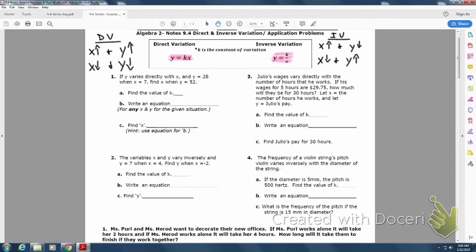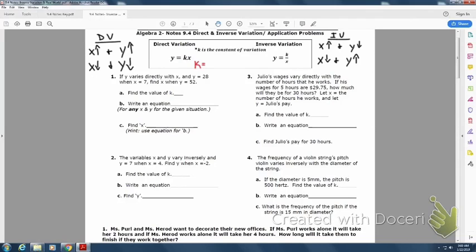Within each problem, and by each problem I mean whether it's direct or inverse, you need to know how to solve for k. So if I had to solve for k right there, what would I do on y equals k times x? Divide by x.